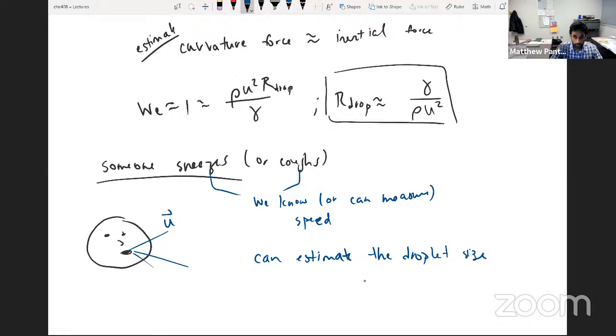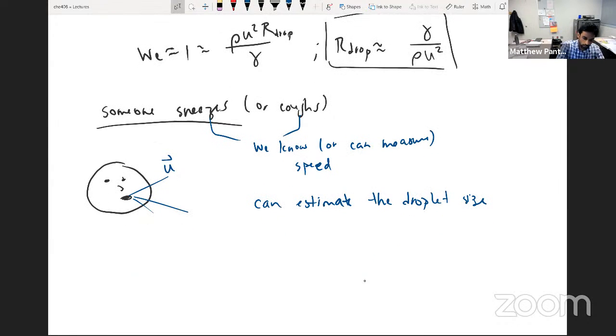So there are other things that we can understand too. From the Young equation, we can understand how long will these droplets last in air.